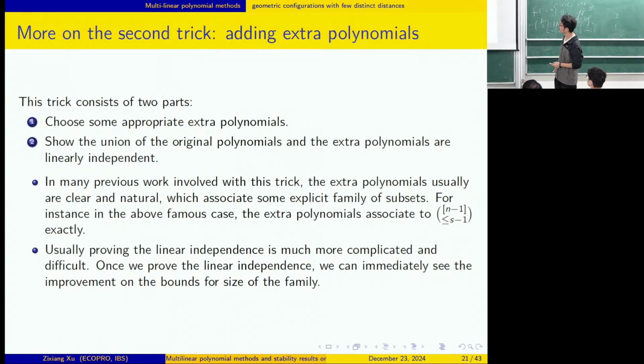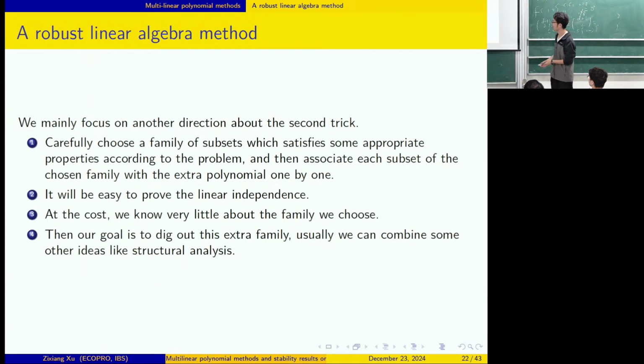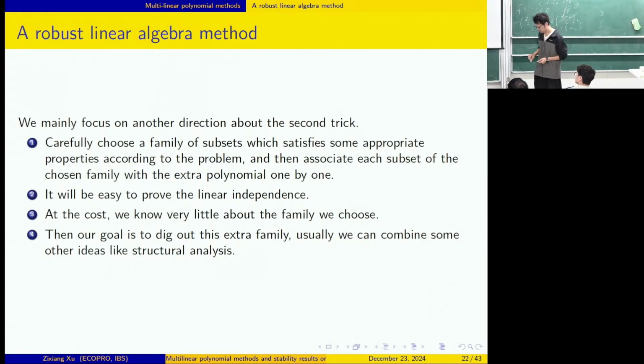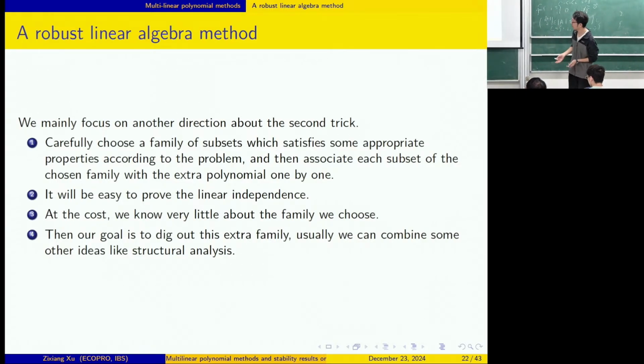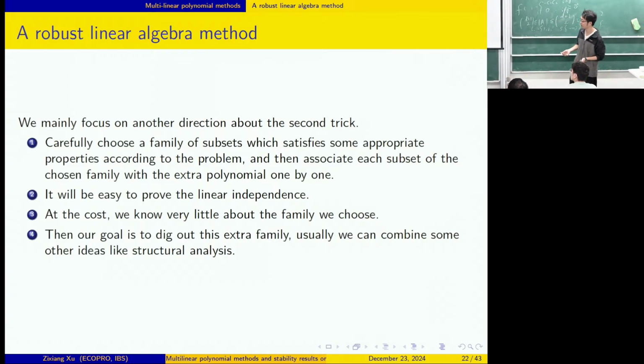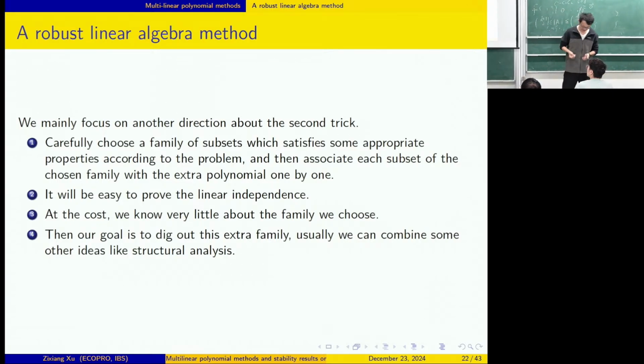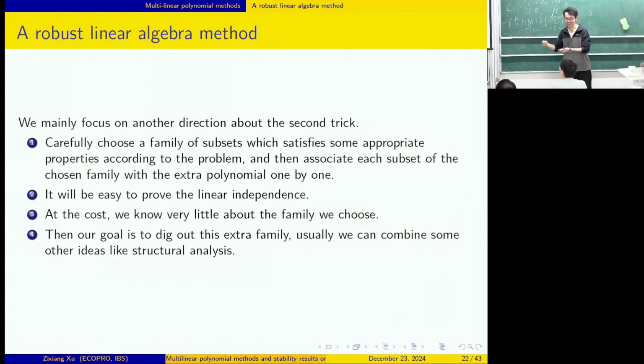So basically we focus on another direction. Some people like myself don't have heavy linear algebra knowledge. We only know some simple propositions like the diagonal or the lower triangular.